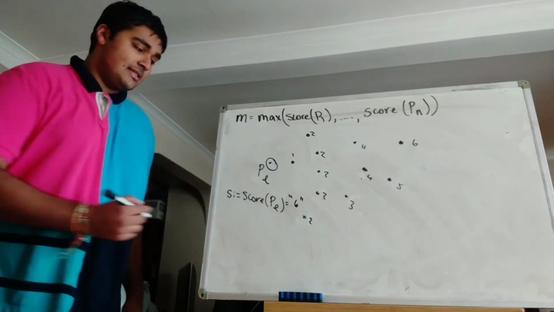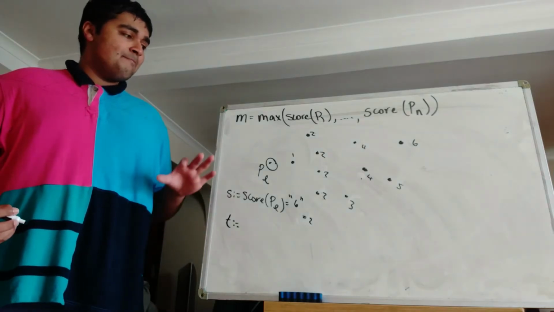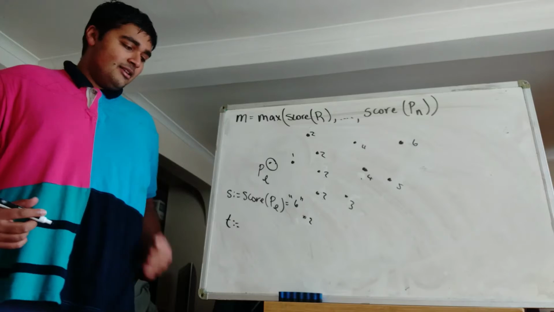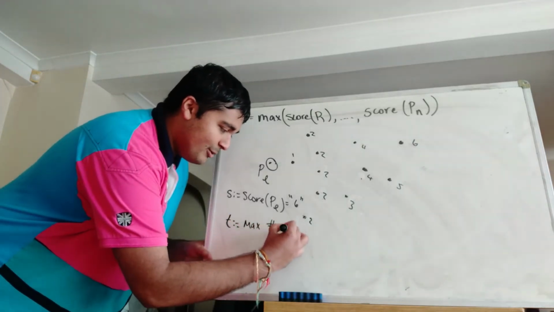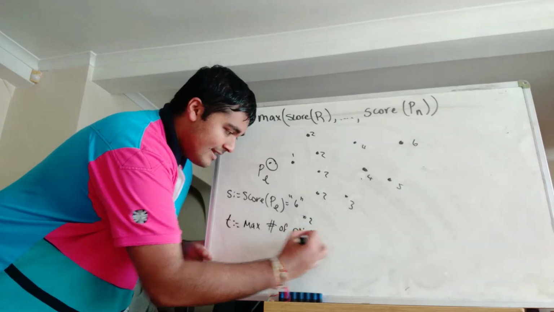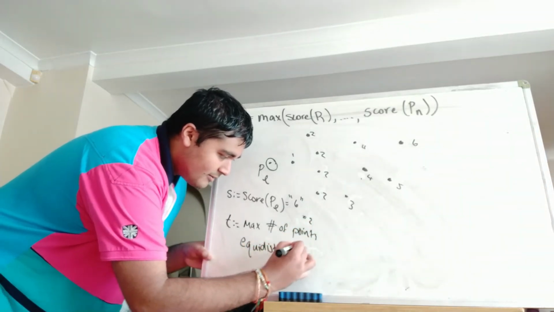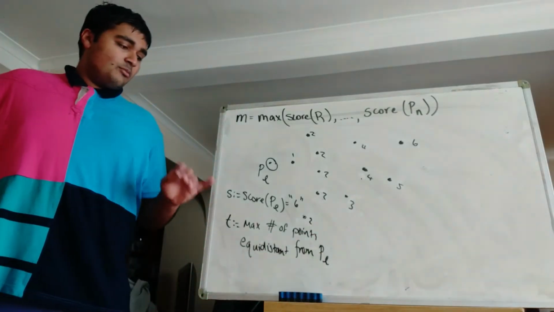The next thing we want to do is define T. T is going to be the maximum number of points which are equidistant from PL. So what do I mean by this?